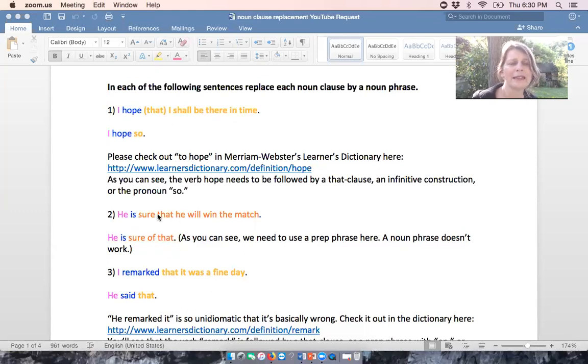So if we want to get rid of the that clause, we can't simply say he is sure, and we can't simply put a noun as modifier of sure. So we only could replace the that clause by a prepositional phrase, and then use a pronoun. So he is sure of that. That's the best I can do for that homework. If you have a better idea, contact me.